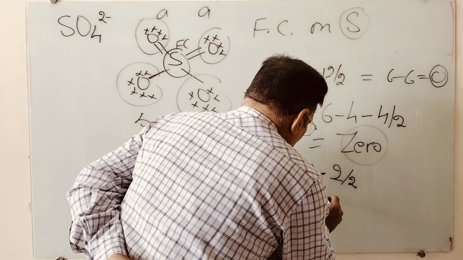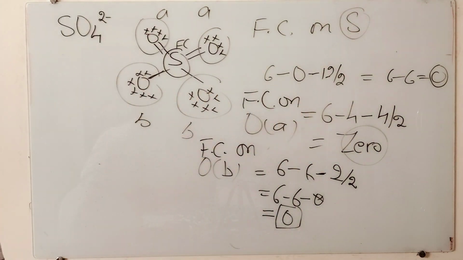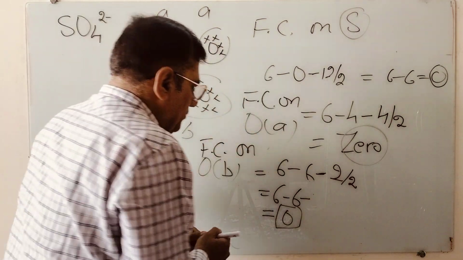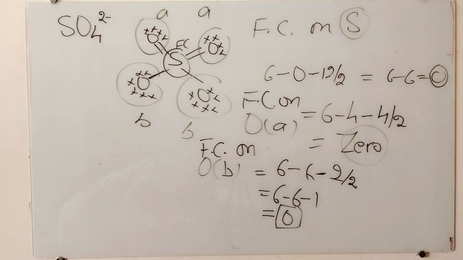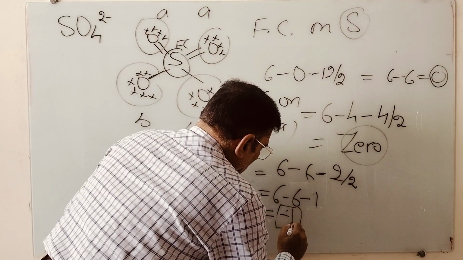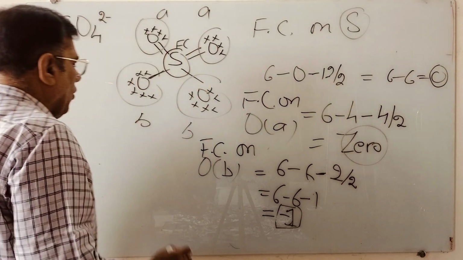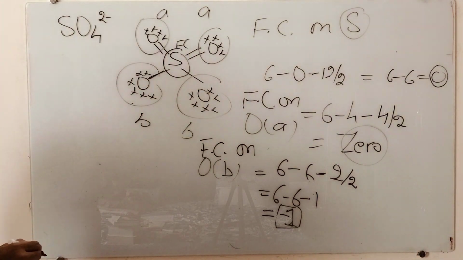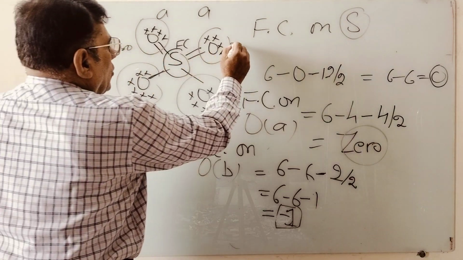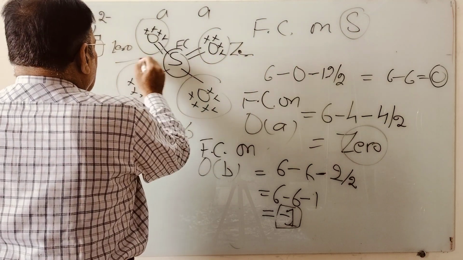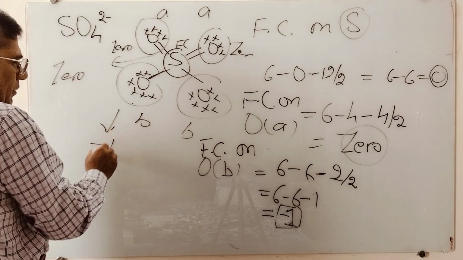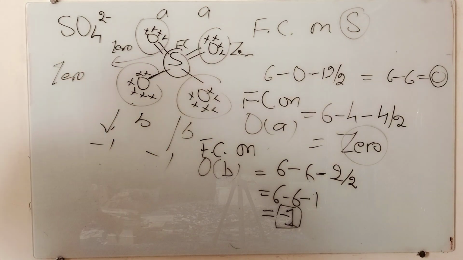Sorry, I'm sorry again. Let me rectify it. Because there is 1, the formal charge will be minus 1. Formal charge will be minus 1 on any oxygen. So I can say this oxygen formal charge 0, this oxygen 0, sulfur is 0, this is minus 1, this is minus 1.